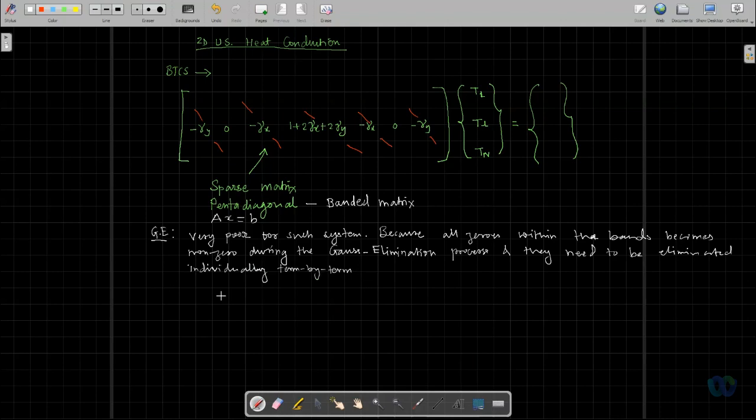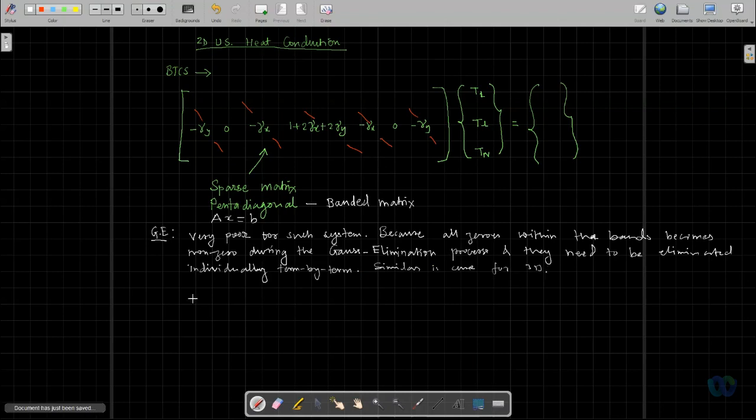So if you go for a 3D system, the same problem will occur. This is a 2D problem, but similar is the case for 3D. So in all, the Gauss elimination method is ineffective. You should not use it.